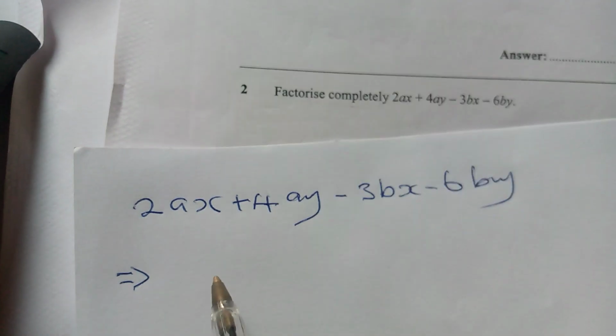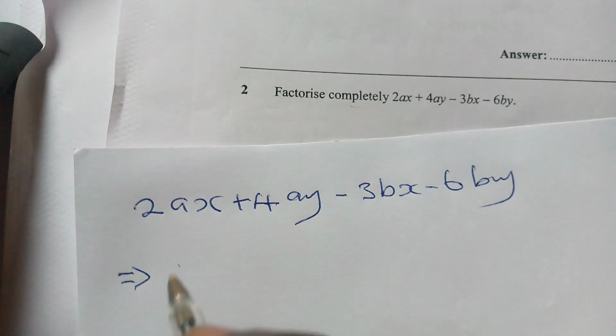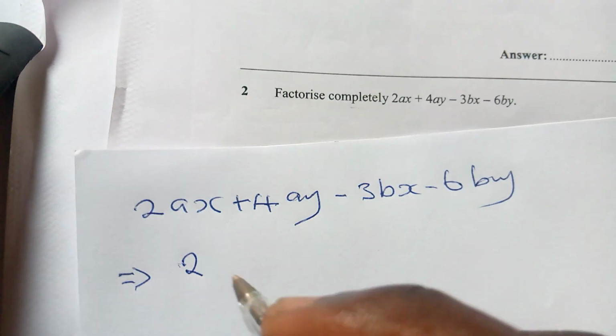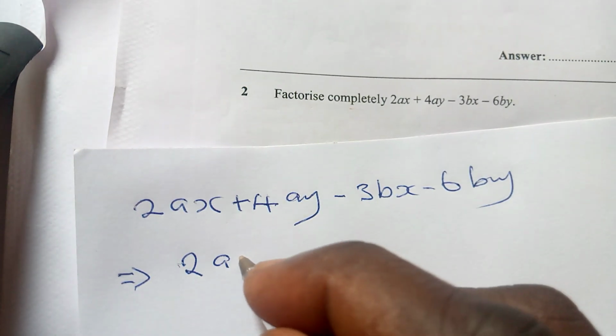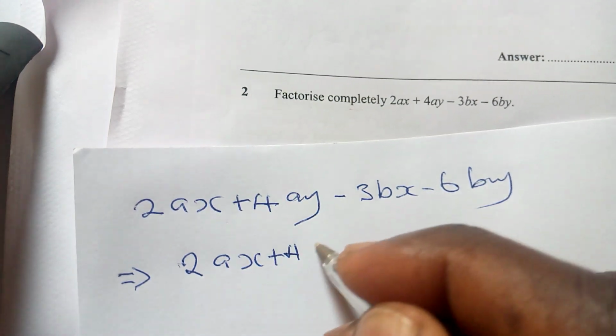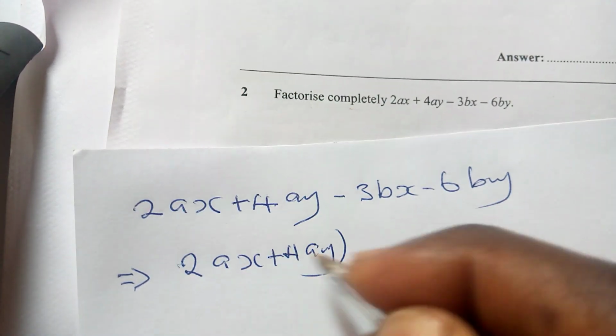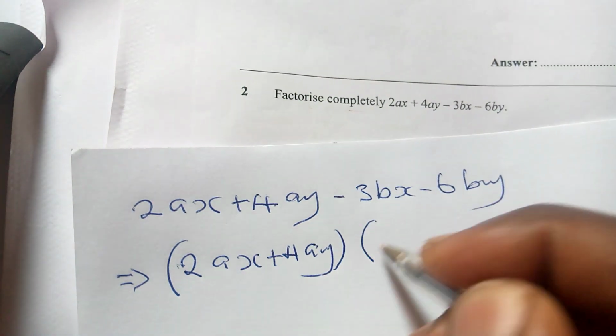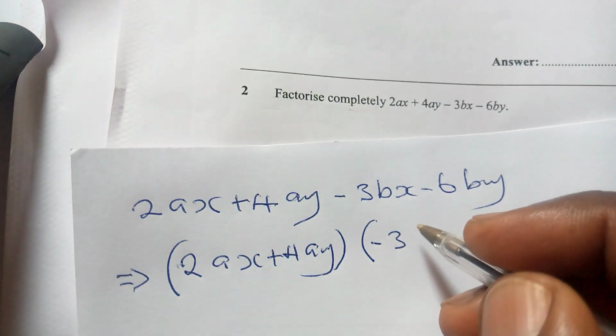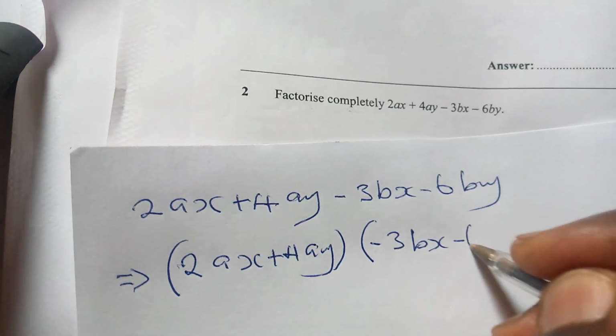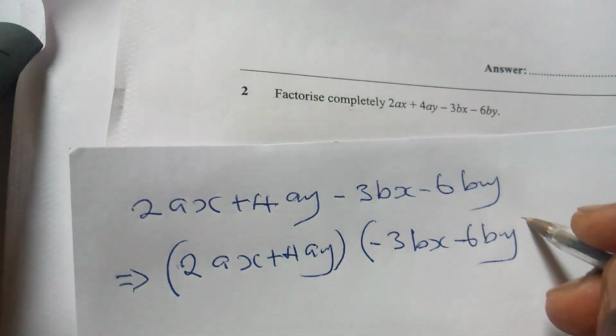I'm going to show you how to factorize this one. I'm going to repeat the same: 2ax plus 4ay. I'm going to group this, and then group the remaining, which is 3bx minus 6by, like that.